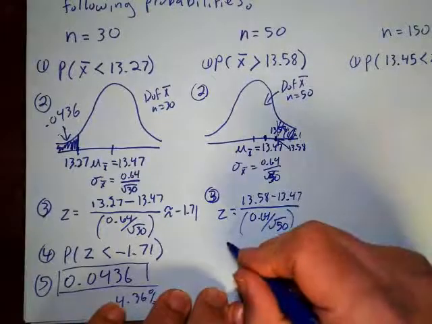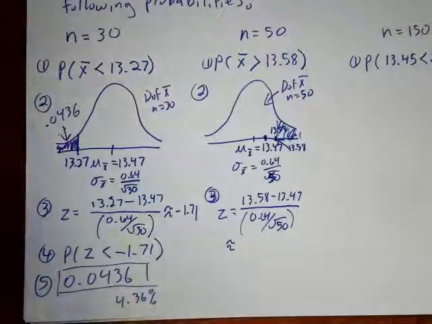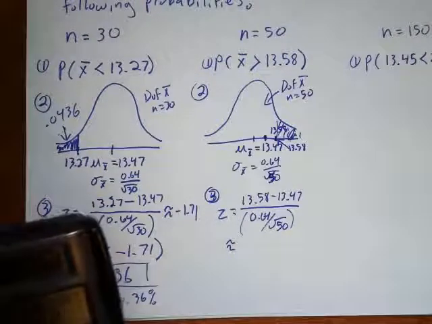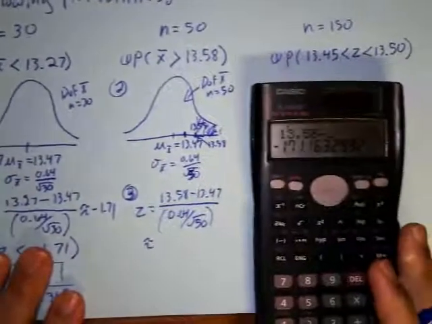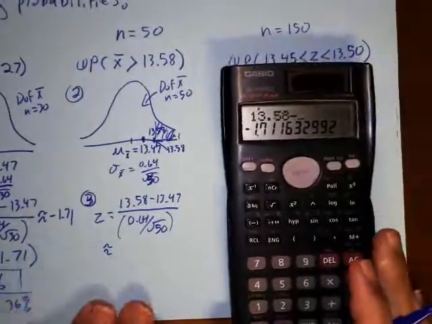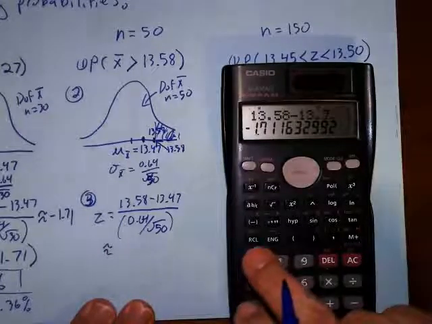And I'm going to write it down here. I want room for this one over here. So 13.58 minus, let me actually do it here. 13.58 minus 13.47.